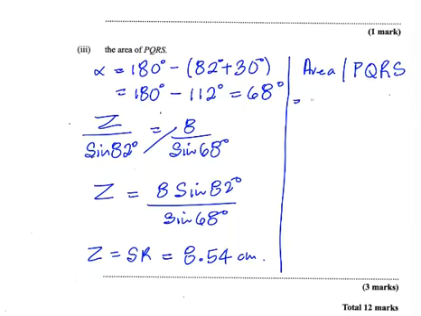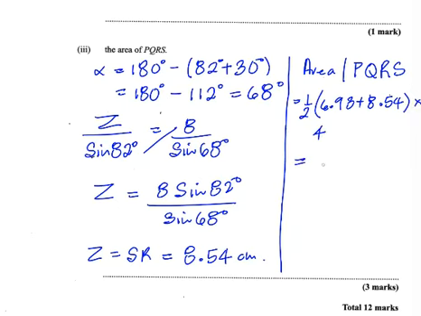So it's equal to a half the sum of the parallel sides, 6.93 plus 8.54, times the height, which is PS, which is 4 centimeters. So this is times 4 centimeters.